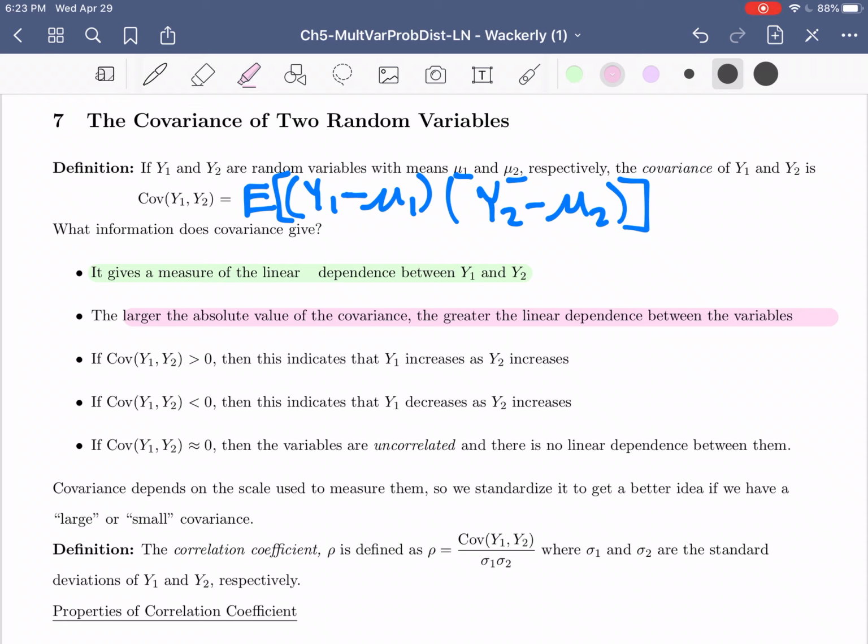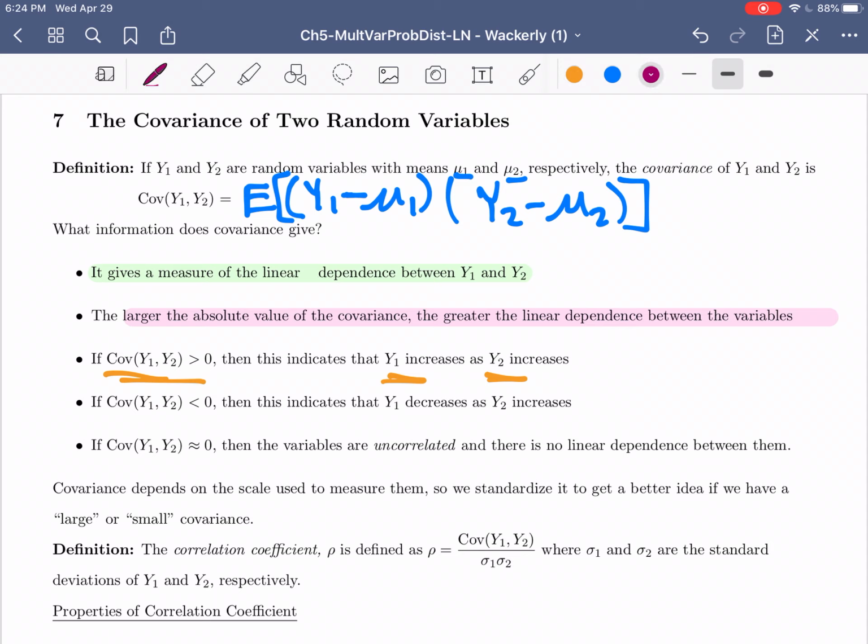If we don't think about the absolute value, if we look at the covariance itself, if we happen to have a covariance that is positive, that's greater than 0, it is going to indicate that y1 increases as y2 increases.